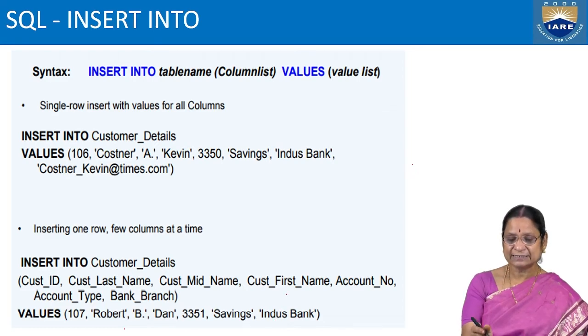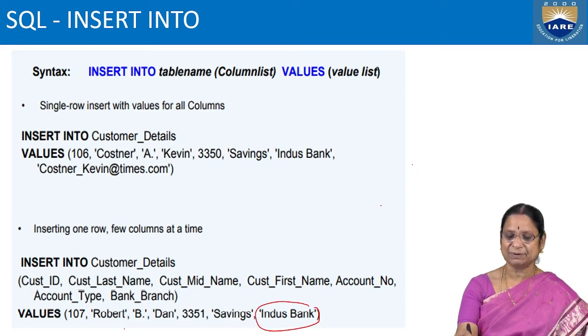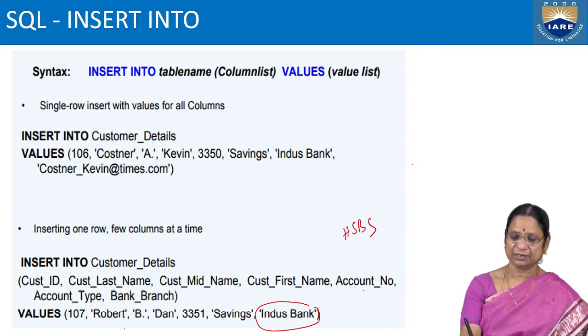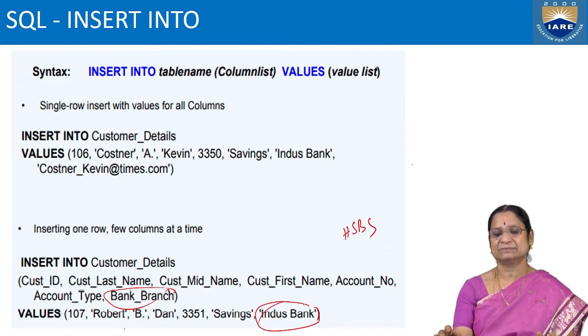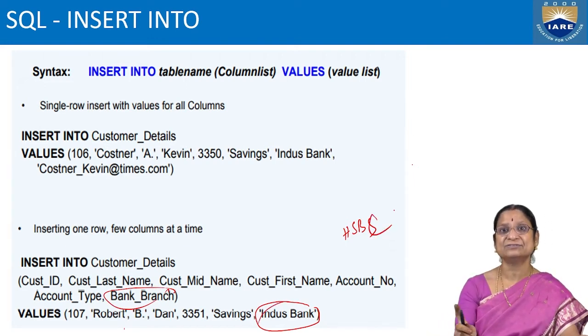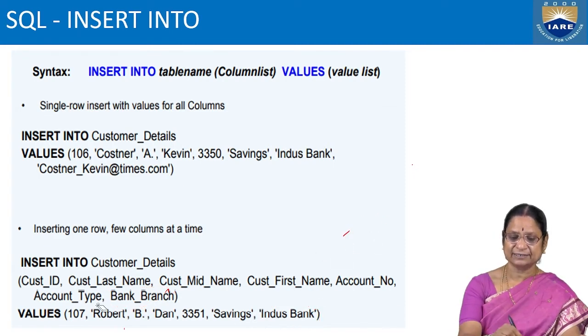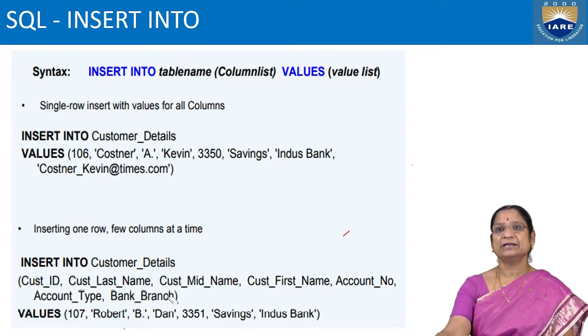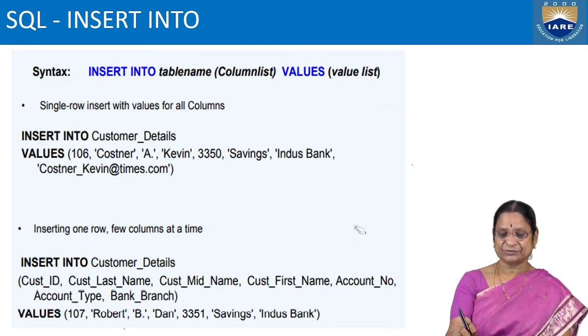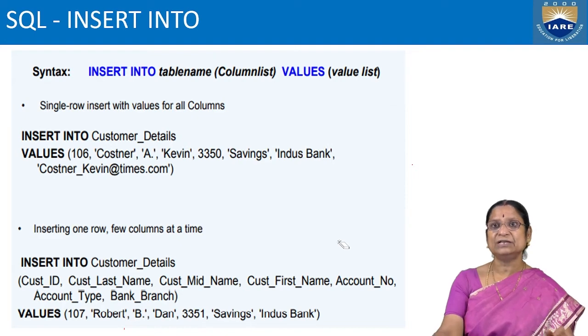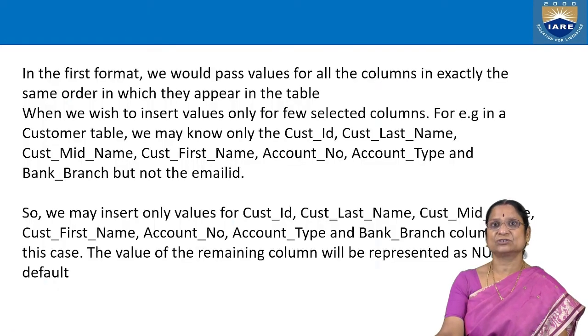Similarly, let us assume that I have a constraint at the time of creation, where the branch name is HSBC by default. If I am not providing the branch name, by default it will take HSBC, if the default constraint was used, as we discussed earlier. The default constraint is set at the time of creation of a table. So if a default constraint is used and you are not providing the value, the default value will be considered.